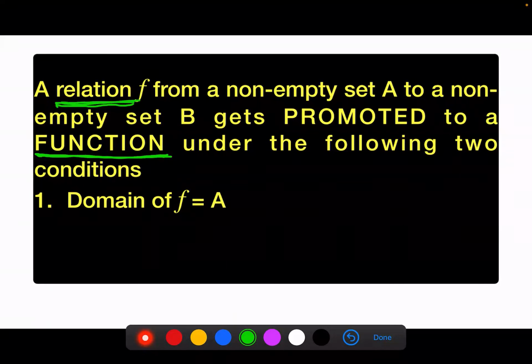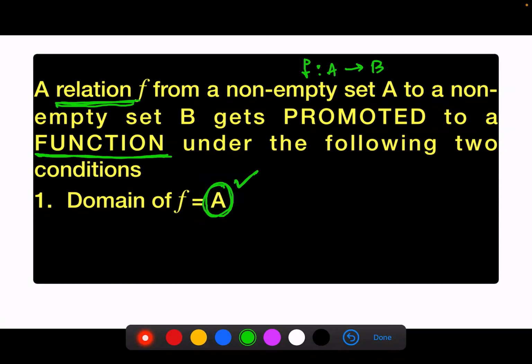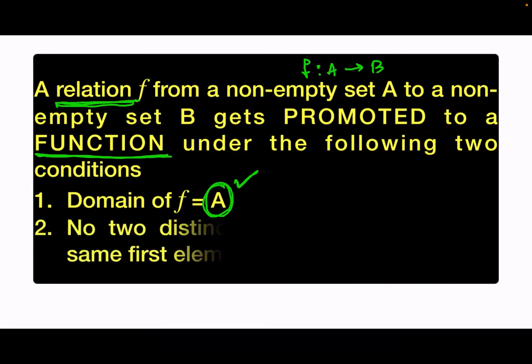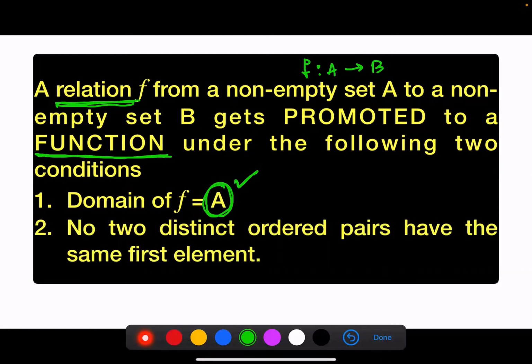Okay, so if you have a function from A to B, so this is how you write A to B, then your domain is A, period. So that is the first condition, because you must use all the inputs. Okay. Second, no two distinct ordered pairs have the same first element. So it is like saying that आपका input तो same है, but you are getting different outputs. That is not allowed. You're getting, guys?